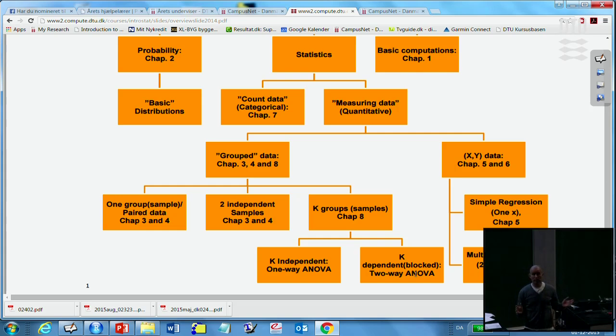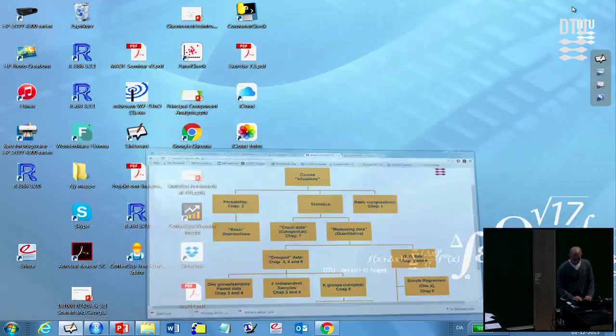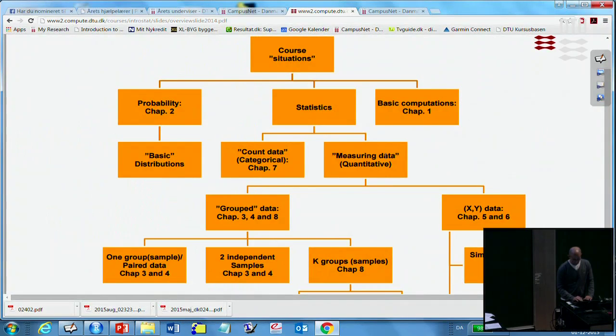That's as easy as it is. That's what I've shared with you. So these are the different situations where we can do things with tools we were given in this course. That was fast.